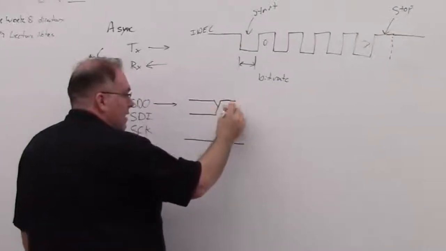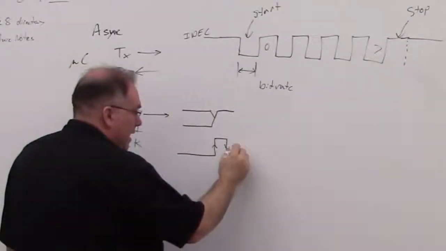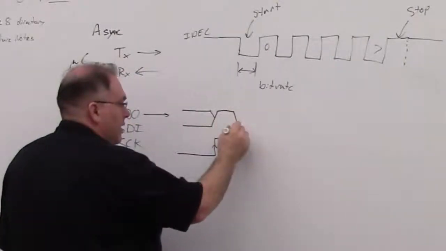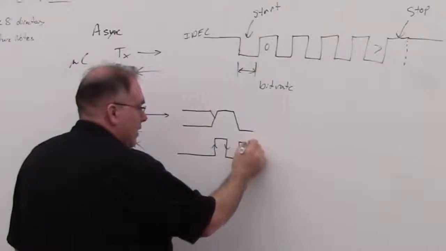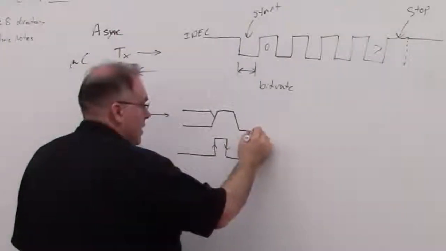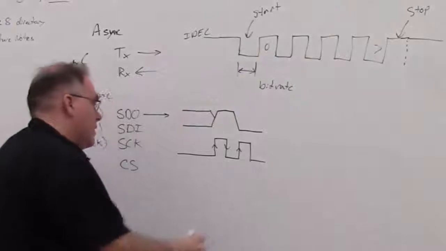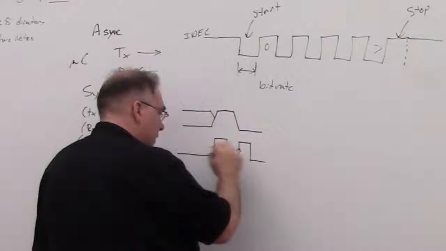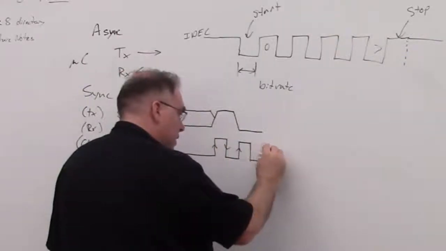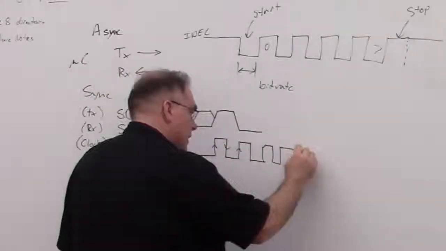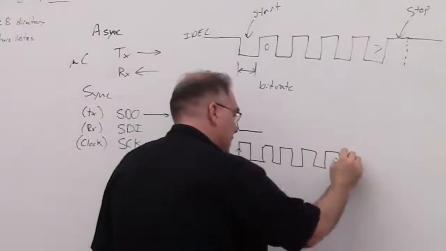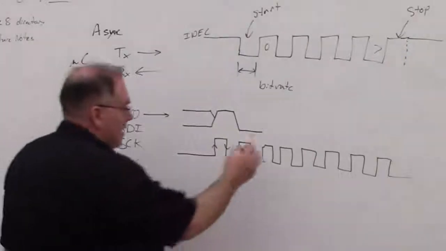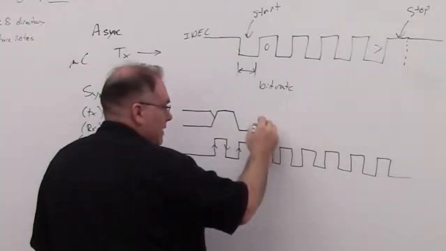So the data has to be valid on the falling edge. And then when the next rising edge comes in, the data will transition again. And on the next falling edge, it's read again. And so on through 8 bits. So we got 1, 2, 3, 4, 5, 6, 7, 8. And then so we have some data.